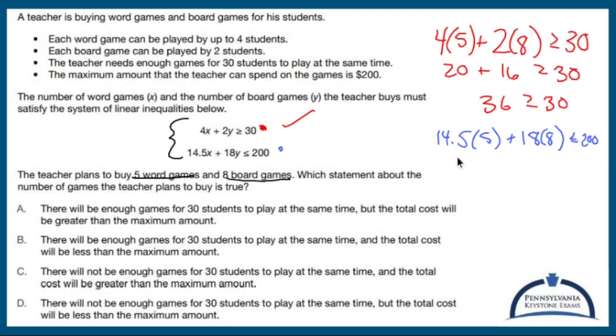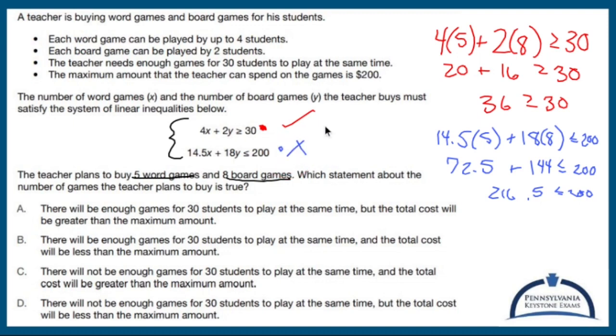So 14.5 times 5 is 72.5. 18 times 8 is 144. That's got to be less than 200. This one's definitely not going to work out, because 72.5 plus 144 is going to be $216.50. And $216.50 is not below 200. So this guy doesn't work out.